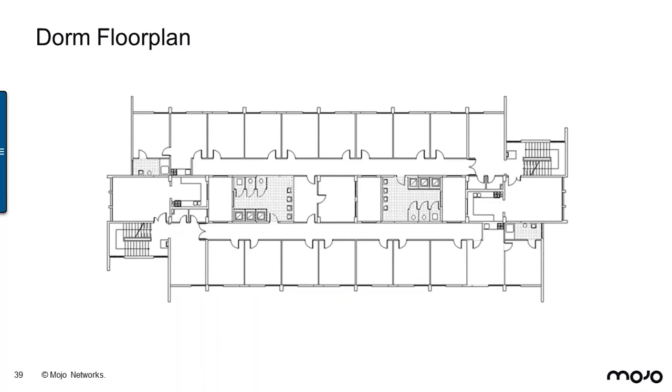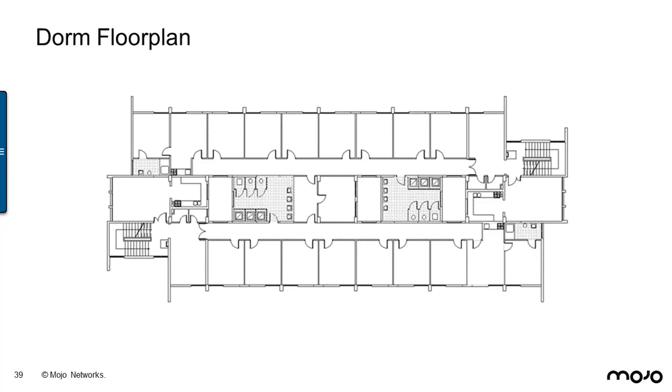Okay, just quickly going to go through a quick deployment scenario with a dorm room. This is a wing of a dorm, and the attenuation is moderate to high between the dorm rooms. So we're going to recommend that you actually put the APs in the dorm rooms.